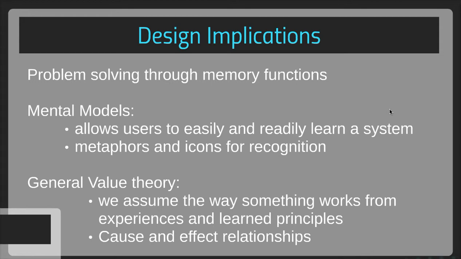Design implications have different ways of looking at them. It's problem solving. It's a way to look at memory functions, learned knowledge, and bring it through. But more importantly, we look at mental models. These allow users to easily and readily learn a system. They're metaphors and icons for recognition.